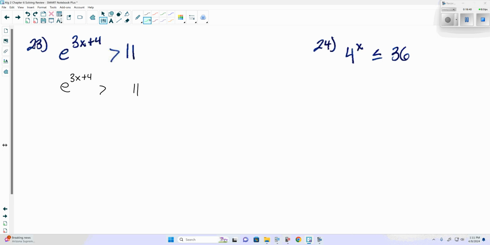We don't have a number in front of it. We don't have anything added or subtracted to it. So we can go on and apply our logarithm, which would be ln, our natural log, because the natural log's base is understood to be e. So ln of e to the 3x plus 4 is 3x plus 4.